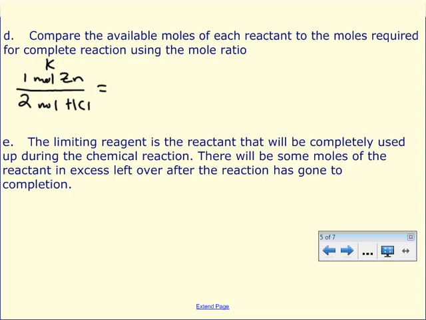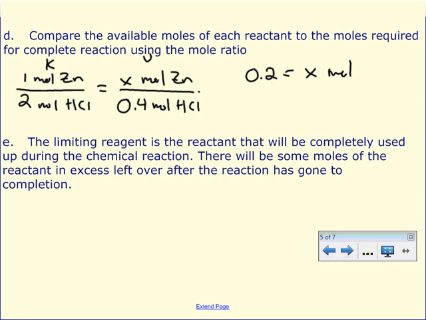So I'm not sure how many moles of zinc, but I'm going to see how much I'm going to need if I use up all of the 0.4 moles of HCl. So I'm going to just do a quick cross multiplication, and in the end, that's 0.2 moles, which is going to be equal to the number of moles of zinc that I need when I use up all of the HCl.